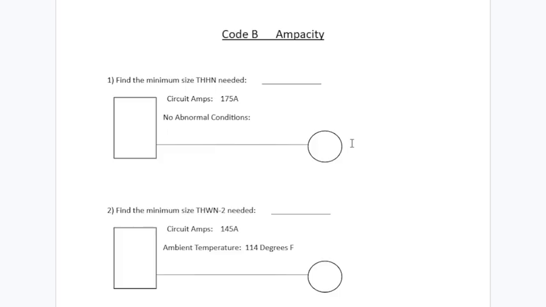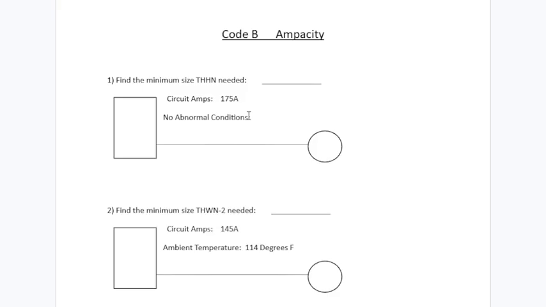That's what we try to make sure that we understand, that we know how to size to the smallest. So the danger is going too small. Not too big, too small. Find the minimum size THHN. So now I'm telling you what insulation I want. This is why I want to show you this, and this is why I went over this today.